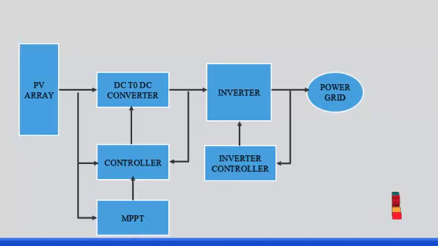Those switches are triggered using the inverter control, which has a space vector pulse width modulation technique based controller. The PWM generator generates the pulses for the inverter's power electronic switches. After that, the supply is fed into the power grid.